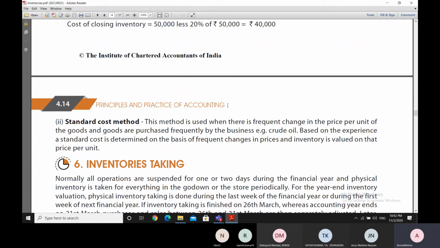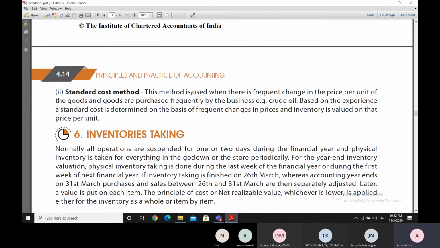And of course, among the non-historical methods, we have the standard cost method also. This method is used when there is a frequent change in the price per unit of the goods, and goods are purchased frequently by the business. For example, crude oil. Crude oil prices change every now and then, almost on a daily basis.